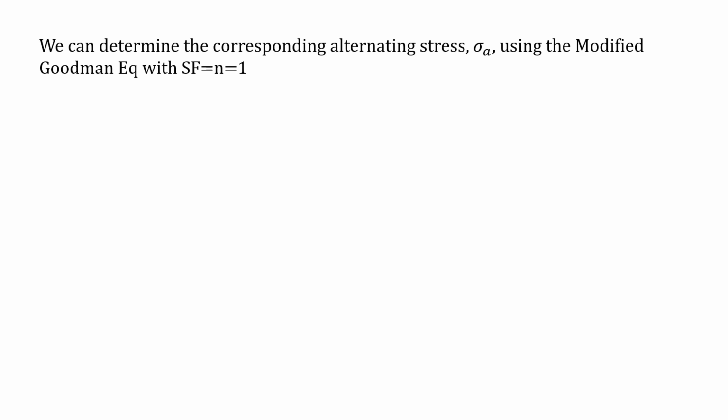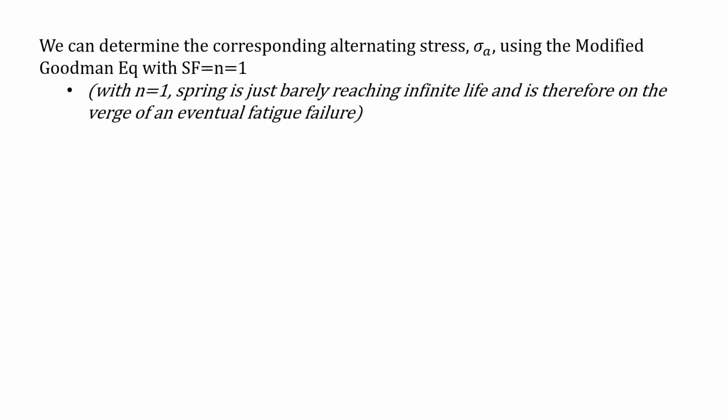So we can then find the alternating stress using the modified Goodman equation. We're going to use a safety factor of 1 because the question states that we want to be on the verge of failure. So by applying the safety factor of 1, the spring is barely reaching that infinite life situation, and we can be right on that verge of failure like the question is asking.